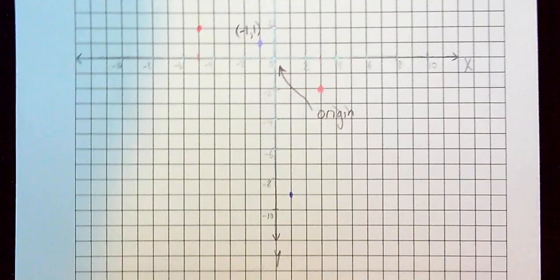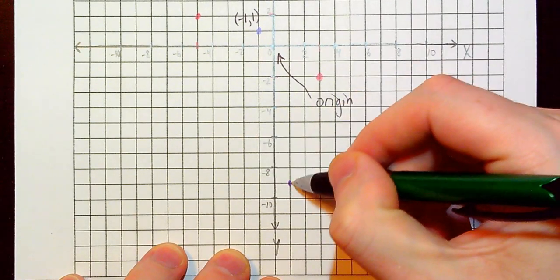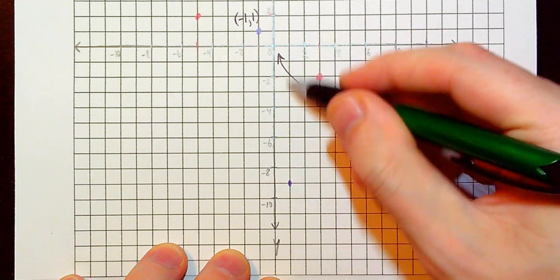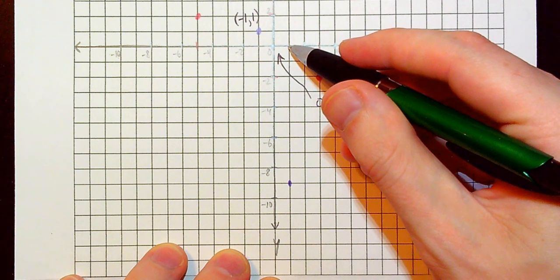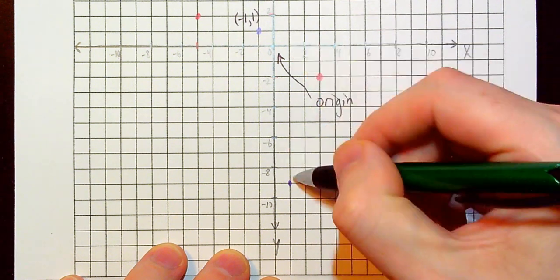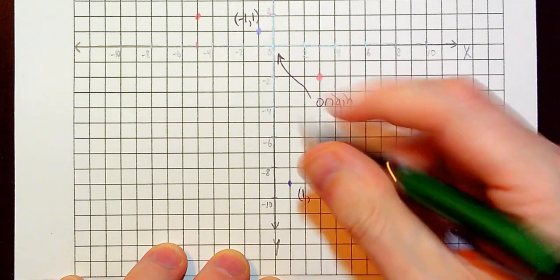And then one more here at the bottom. Go up, in this case, till it hits the x-axis, and where it does hit is between 0 and 2, or 1.